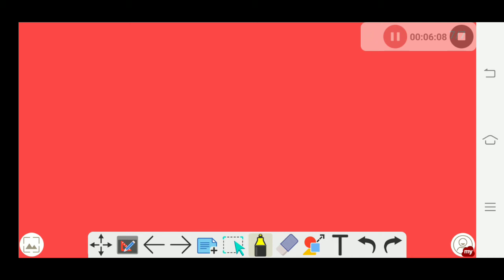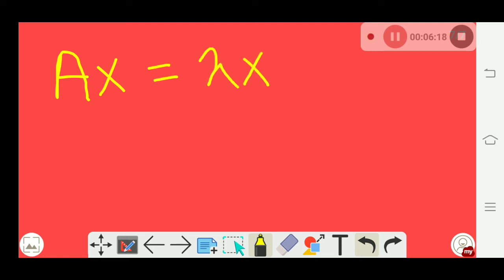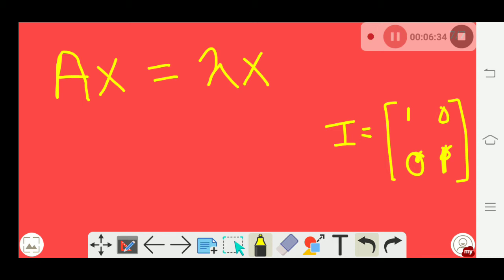So we have AX is equal to lambda X. You got this equation? I think you have remembered what an identity matrix is: 1 0 0 1. If we multiply by I on any side, it gives the same thing.